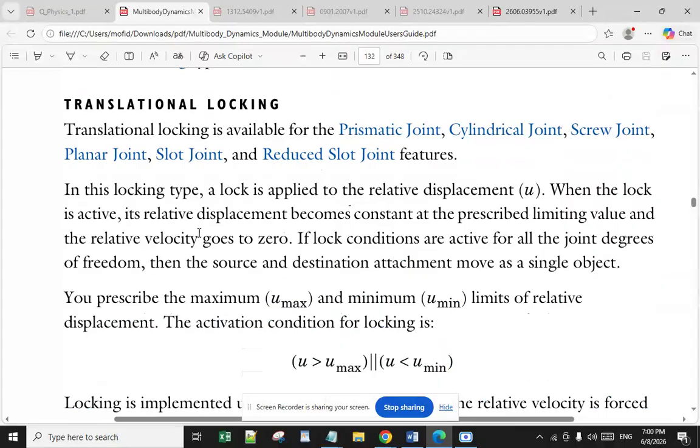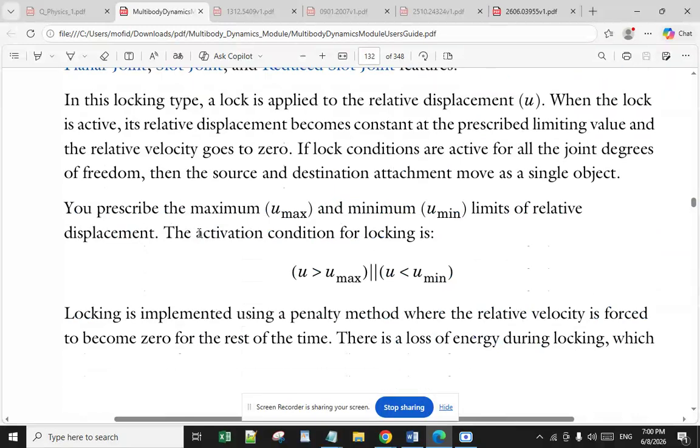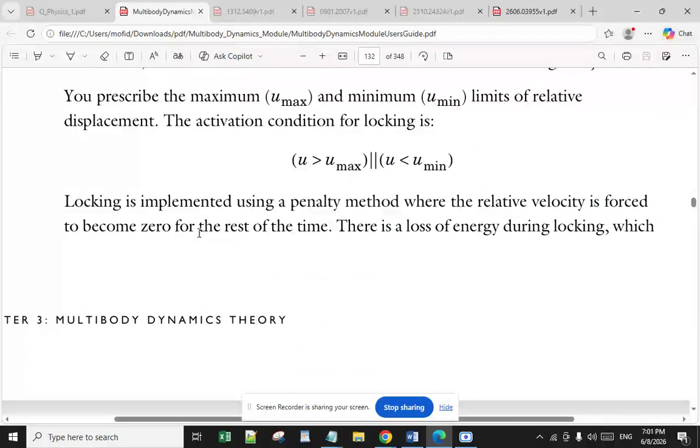If locking conditions are active for all the joint degrees of freedom, then the source and destination attachments move as a single object. You prescribe the maximum u_max and minimum u_min limits of relative displacement. The activation condition for locking is u is greater than u_max or less than u_min.